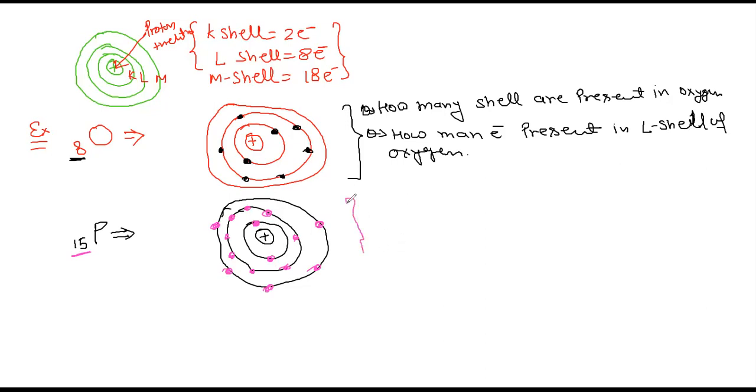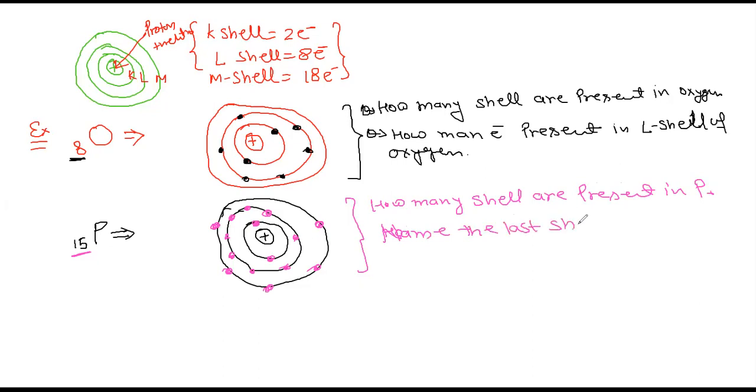Now in this one, how many cells are present in phosphorus? Second, name the last cell of phosphorus.